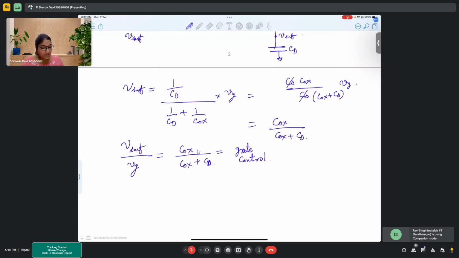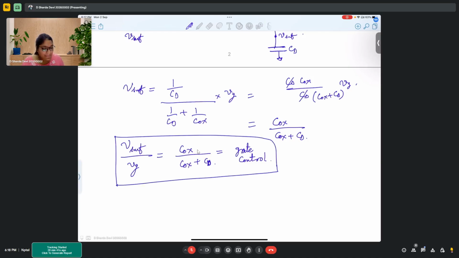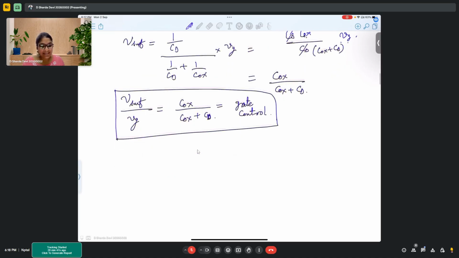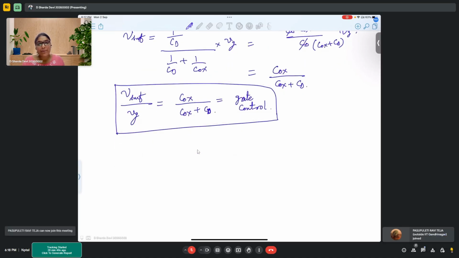But as you can observe from here, this is not possible, right? Cox upon Cox plus Cd would always be less than 1. So the closer this gate control is to 1, the better your device is, talking from leakage point of view. So there won't be any leakage and everything.